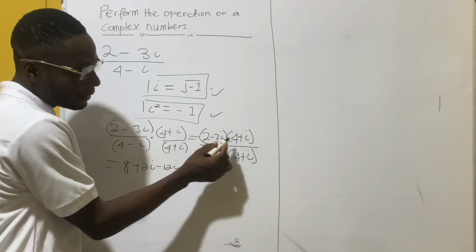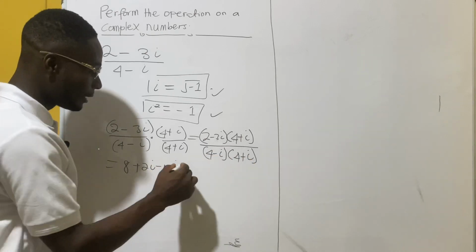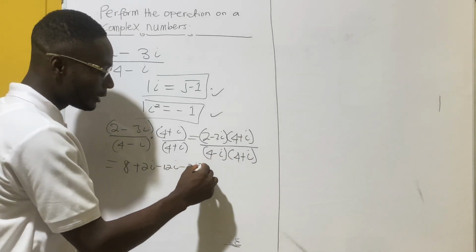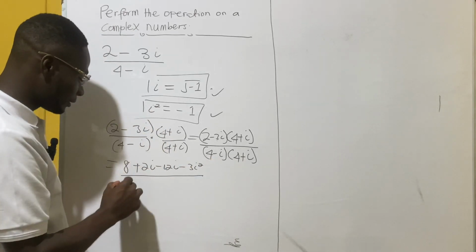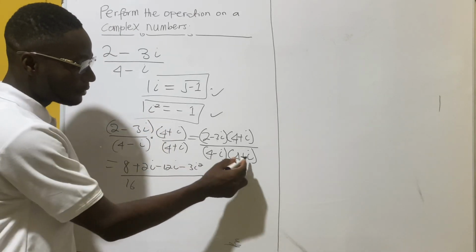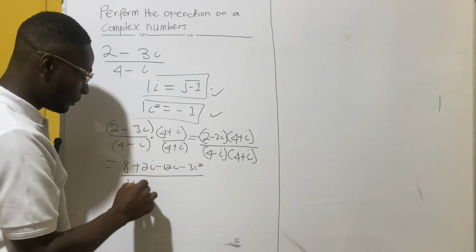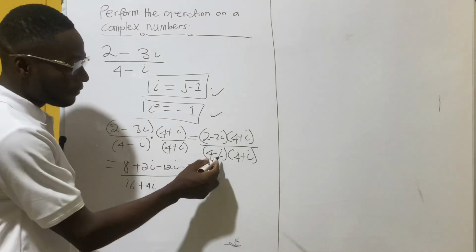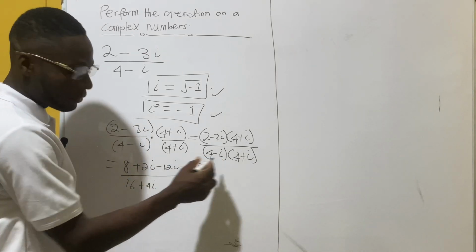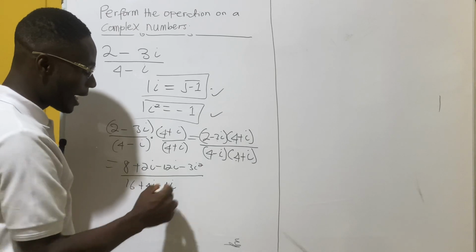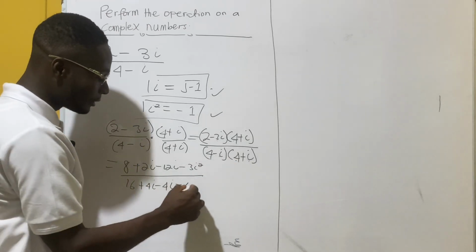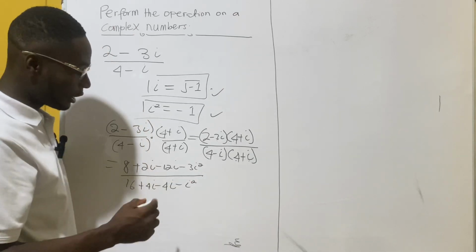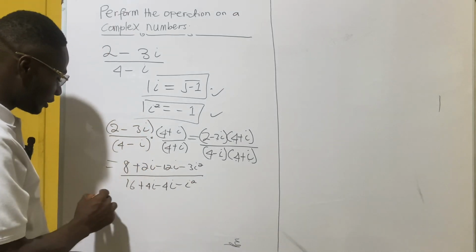Minus 3i times i, that is minus 3i squared, all over 4 times 4, that is 16. 4 times i, that is plus 4i. Minus i times 4, that is minus 4i. Then minus i times i, that is minus i squared. So we have this information.